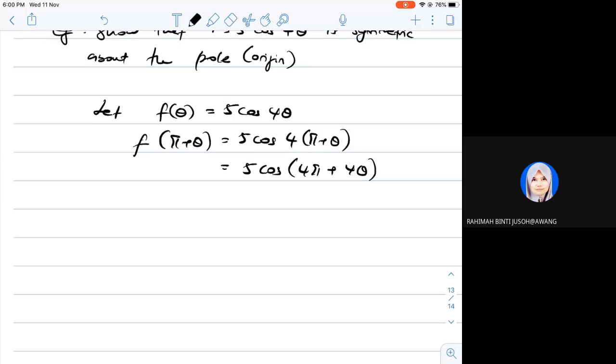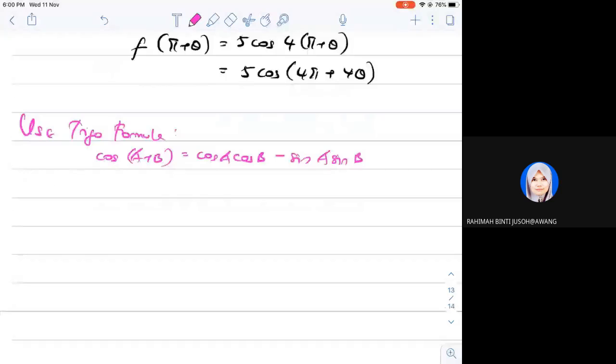Okay, now for this case, you should use the trigo formula. Sekarang ni cos lah. Kalau cos A plus B, cos A cos B minus sin A sin B. So dia jadi, okay, ini A, ini your B.